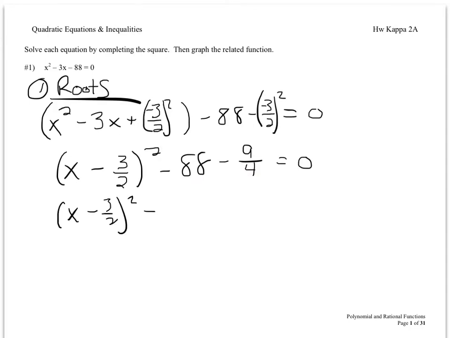This minus 88 I could make minus 352 over 4, so I get common denominators with the 9/4. If I put those fractions together, when you subtract two fractions, you subtract the tops, leave the bottoms the same.